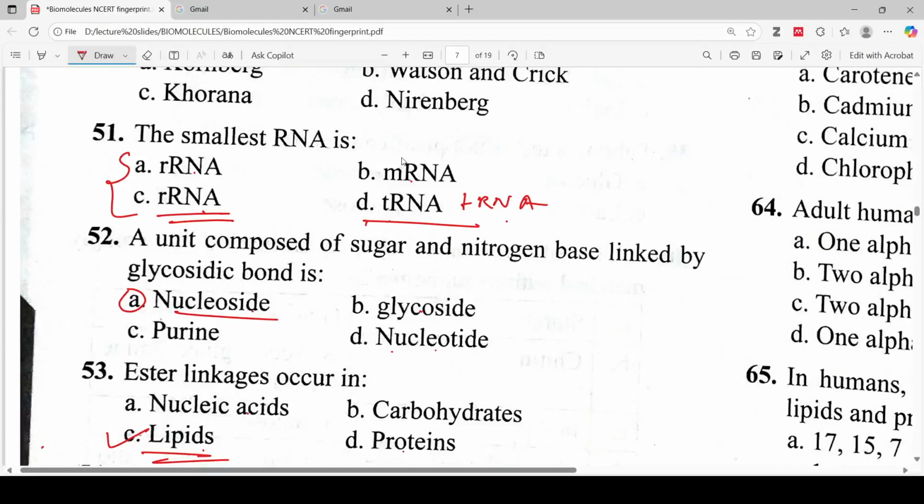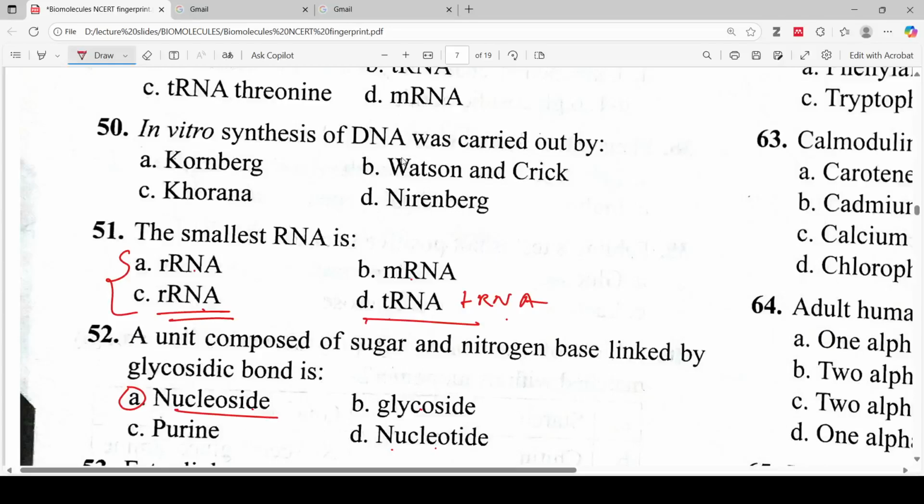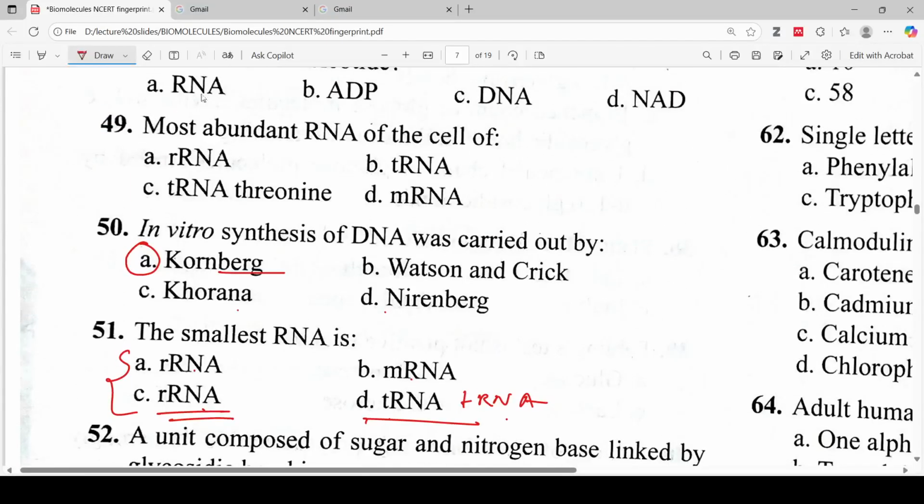The next question. In vitro synthesis of DNA was carried out by Kornberg, Khorana, Watson-Crick, and Nirenberg. So the correct answer for this question is Arthur Kornberg. Next question. Most abundant RNA of the cell are rRNA, tRNA, threonine tRNA, mRNA.